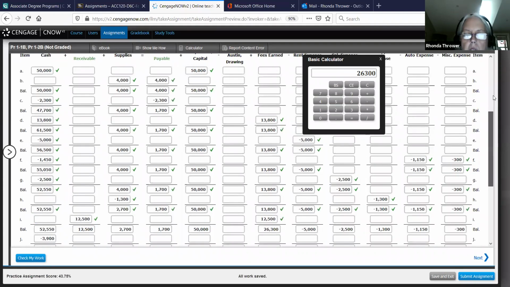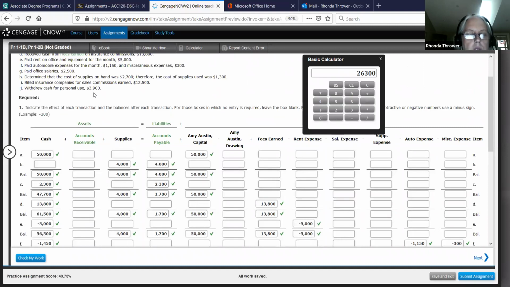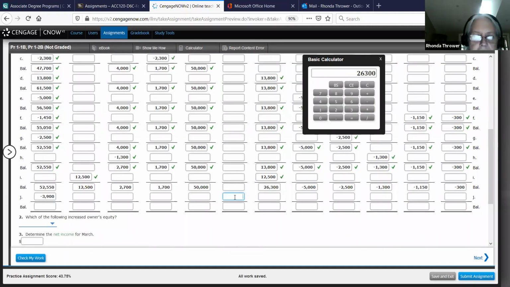And every transaction has to have at least two parts. So in this transaction, our second part is going to be for Amy Austin, who is our owner's drawing account. The drawing also is going to decrease owner's equity. Drawing is not exactly going down here, but the fact that the total drawing for the period of time is going to decrease our owner's equity.